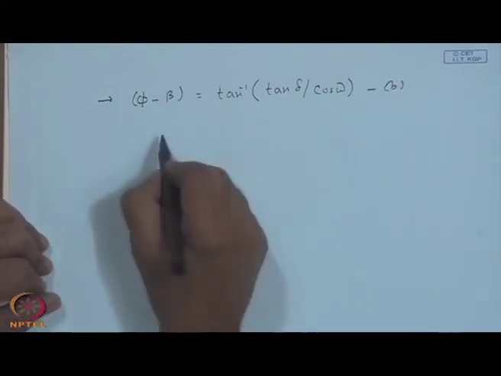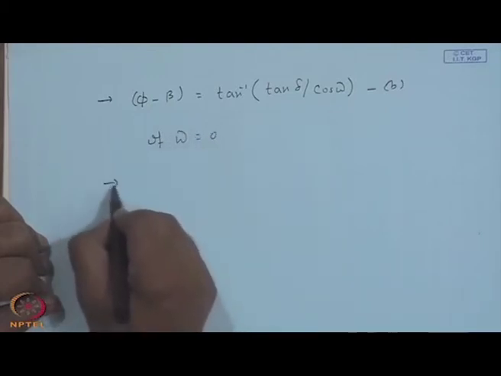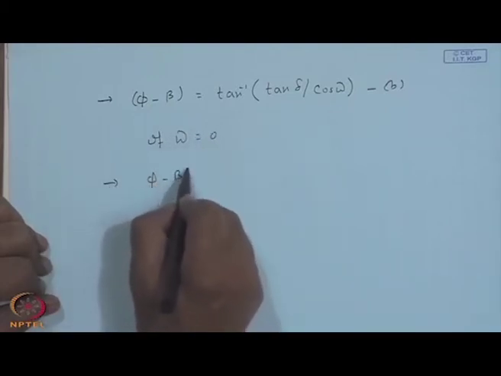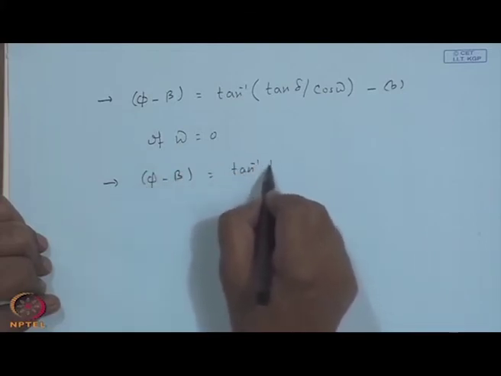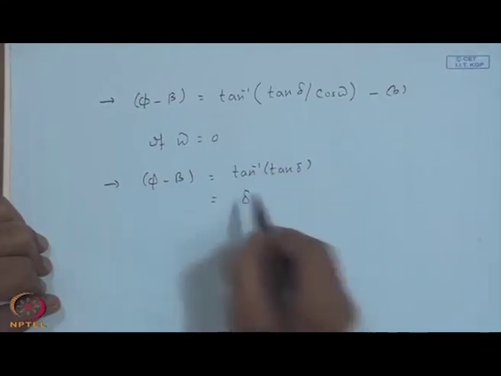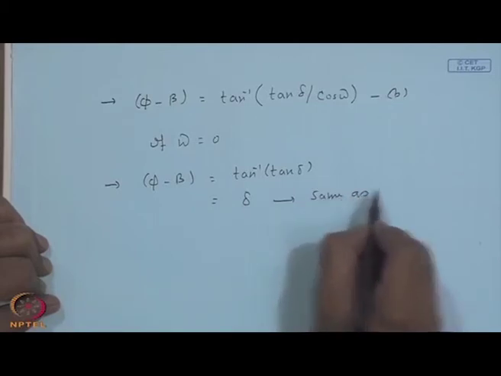Now, let us see if omega equal to 0, this means phi minus beta equal to tan inverse tan delta equal to delta, same as A.